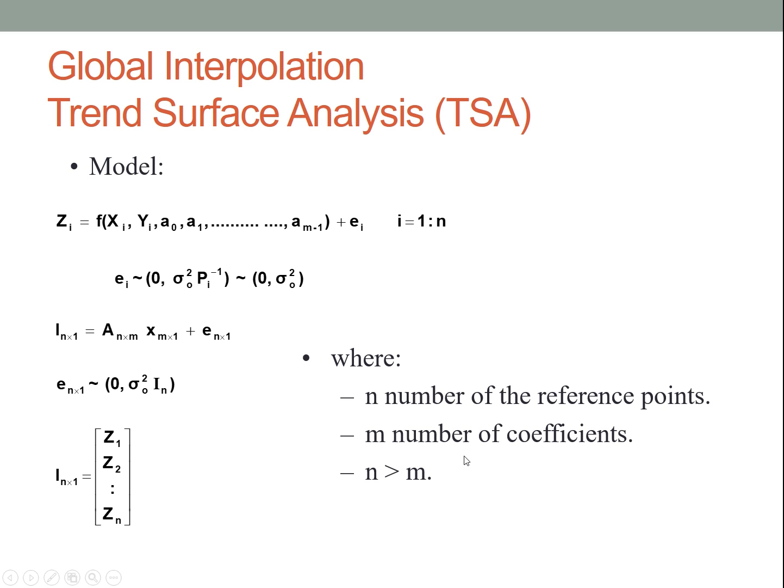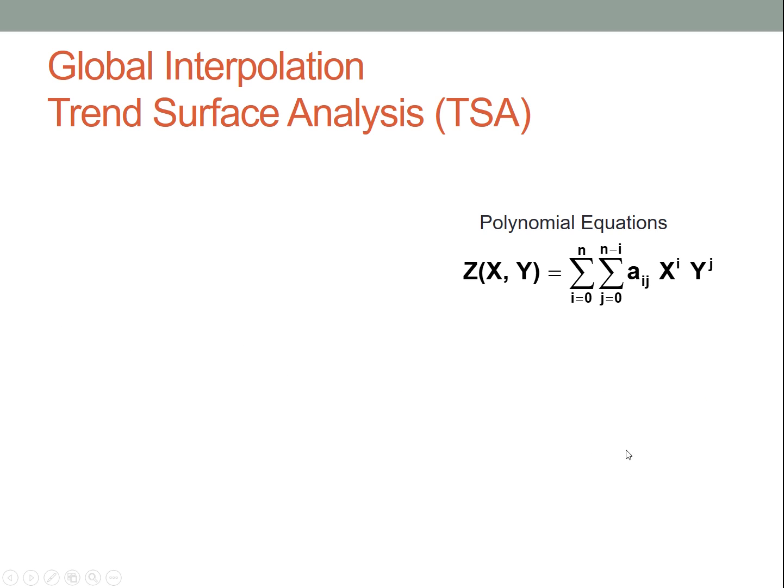You can see how the mathematics come together there. So polynomial equations, if you had to figure this out by hand, this is how you would do it. You'd have your sums, you'd have i and j, so this is my observed X and observed Y values, and they count differently all the way through. And we have coefficients that are associated with each order, right? So the order of X might be different than the order of Y.